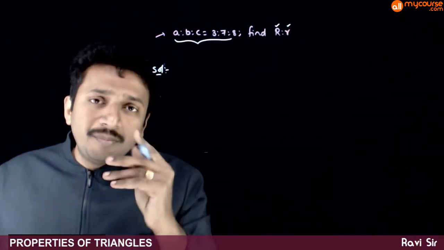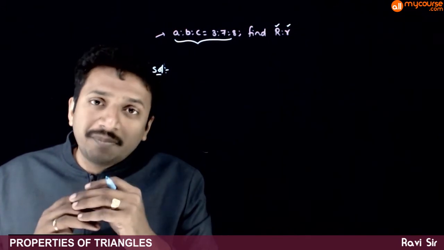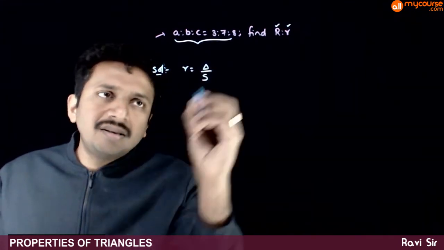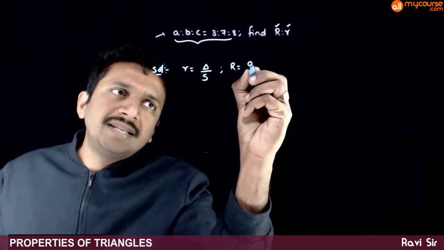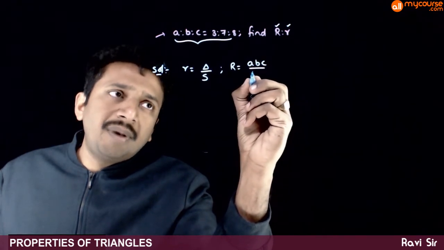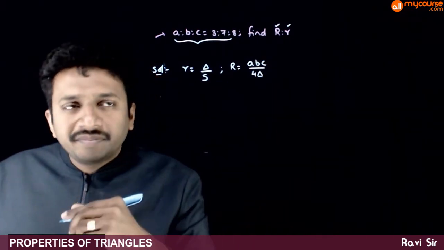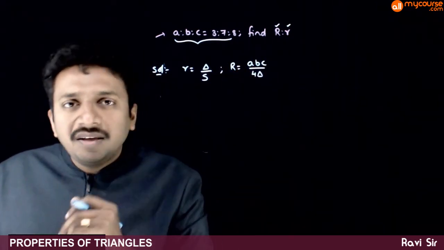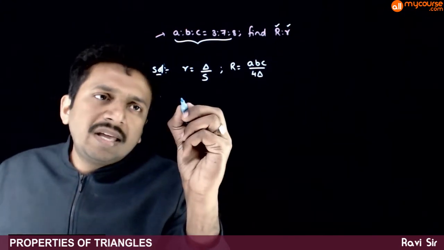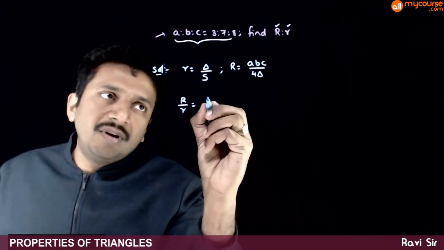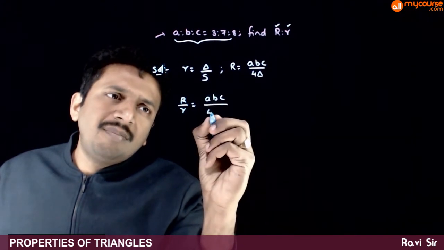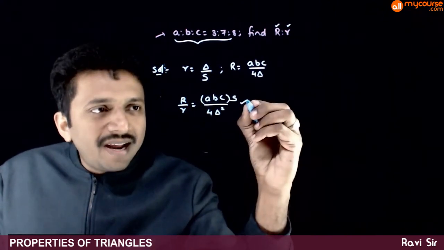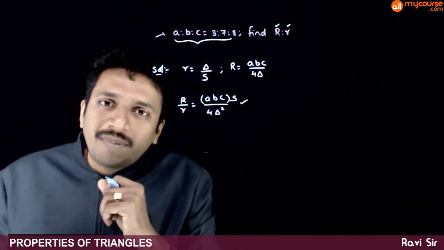We know the basic formulas for capital R and small r in terms of A, B, C. Small r is equal to delta by S, and capital R can be written as ABC by 4 delta, because delta is equal to ABC by 4 capital R. So capital R to small r is equal to ABC by 4 delta square times S. If I can find this value, then I get the ratio of capital R by small r.